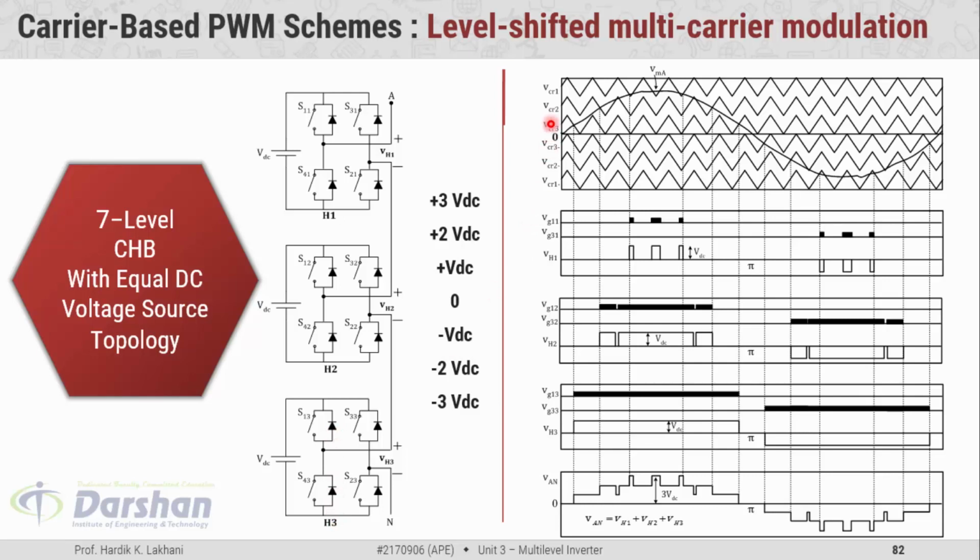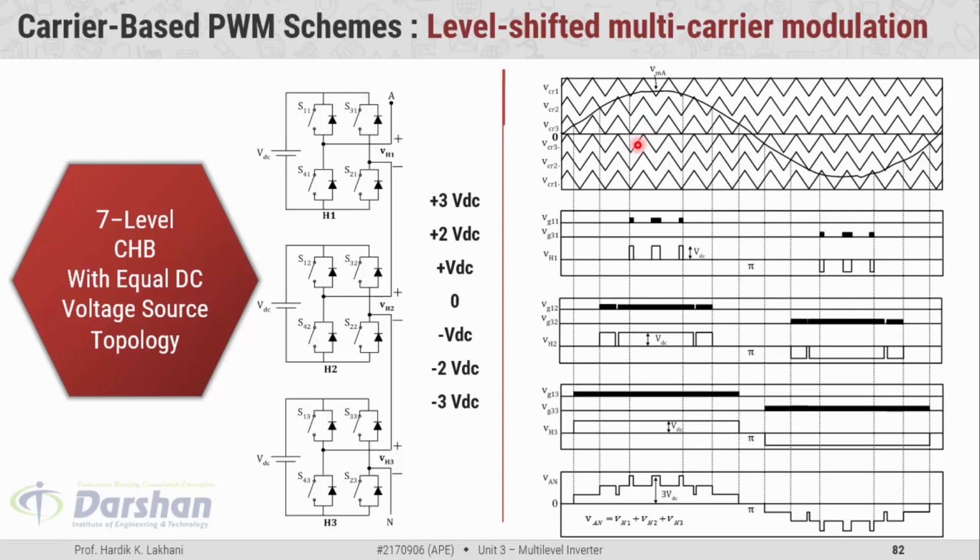The remaining carrier pair VCR2 and VCR2 minus are for S12 and S32 of bridge number 2. For the carriers above the zero reference, which are VCR1, VCR2 and VCR3, the switches S11, S12 and S13 are turned on when phase A, that is VMA modulating signal, is higher than the corresponding carrier signals.